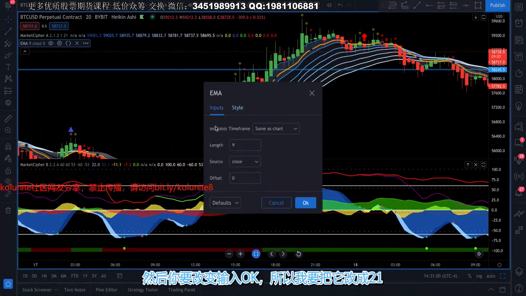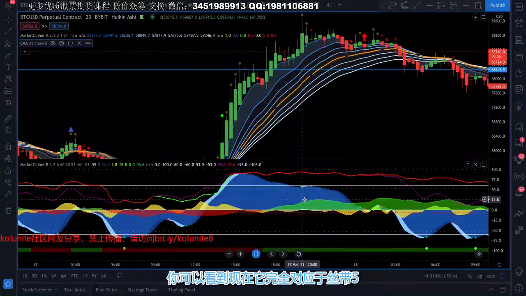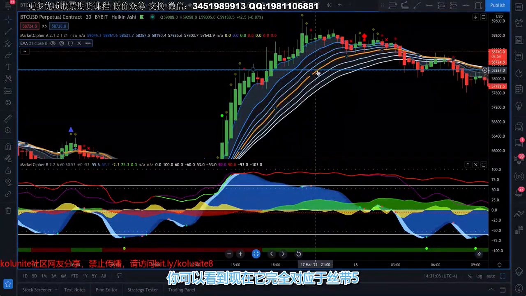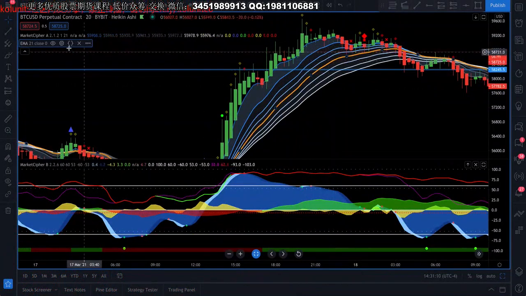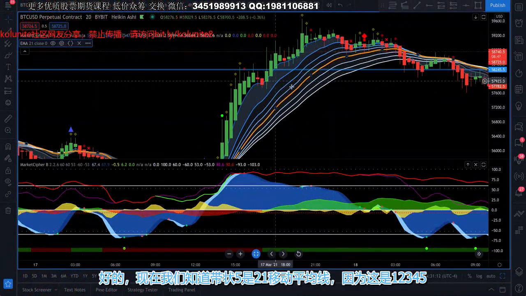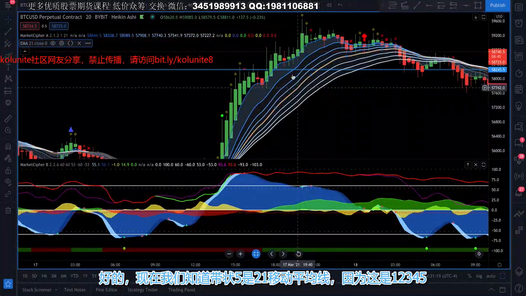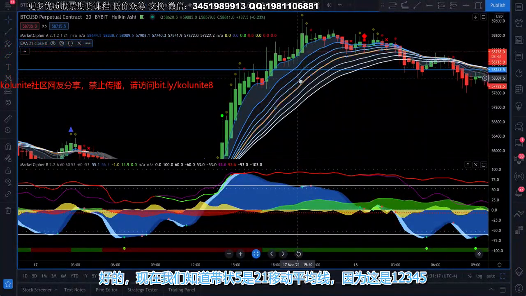And then you are going to change the input, okay? So I'm going to change it to 21, and you can see that now it perfectly corresponds to ribbon 5 on Market Cipher A, okay? So we know now ribbon 5 is the 21 moving average because it's 1, 2, 3, 4, 5.